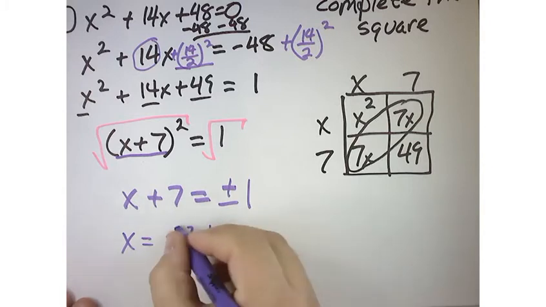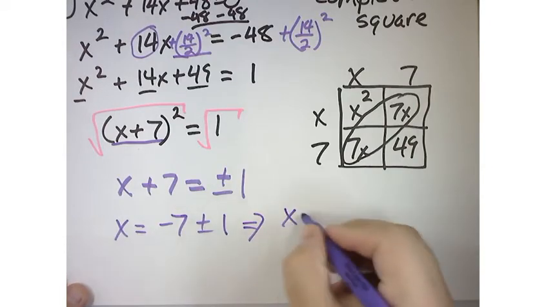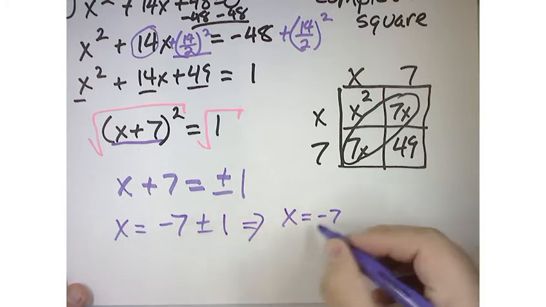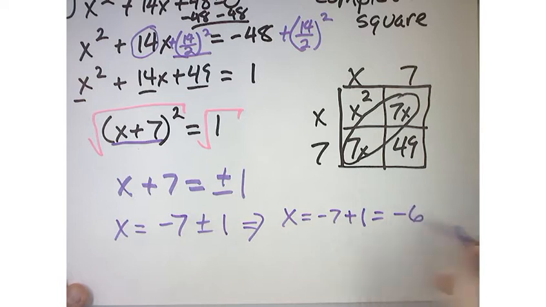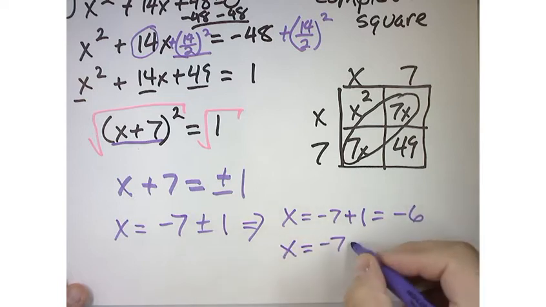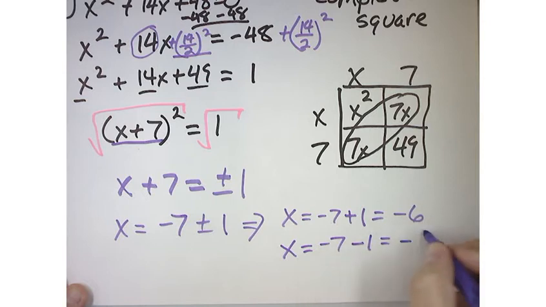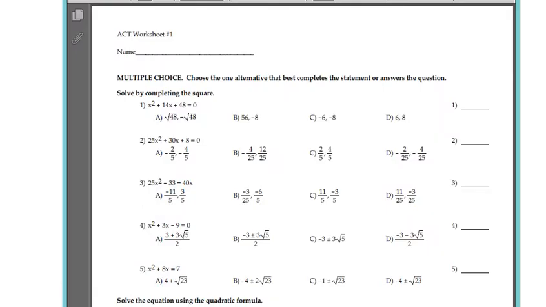I could split that up and say x is equal to negative 7 plus 1, which is going to be negative 6, or x is equal to negative 7 minus 1, which is equal to negative 8. Was that one of our choices? Let's see. Yep, choice number C right here. You guys see it?